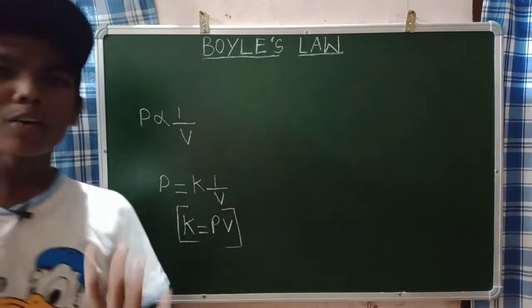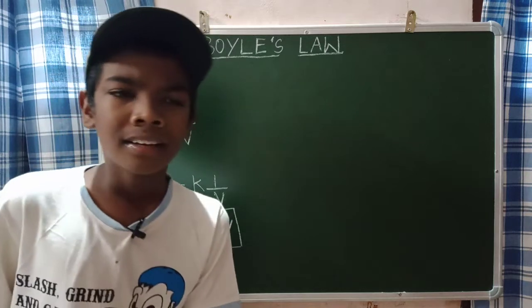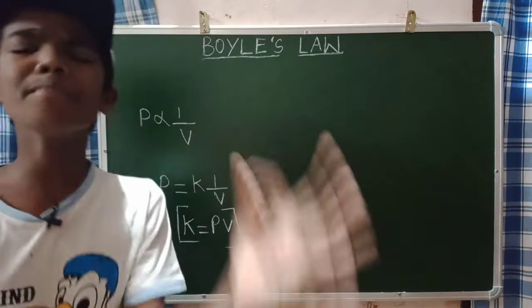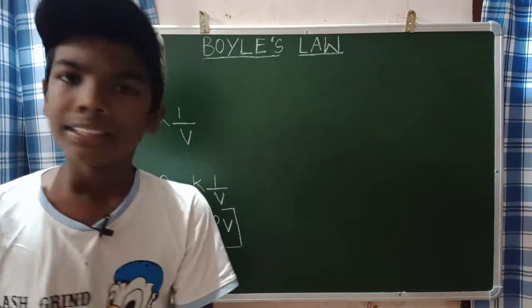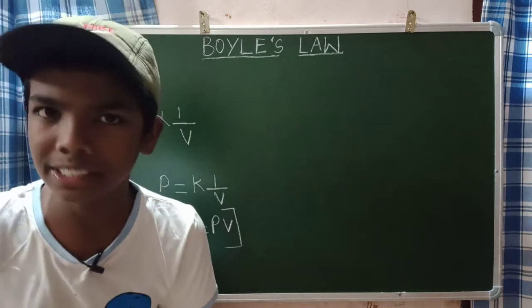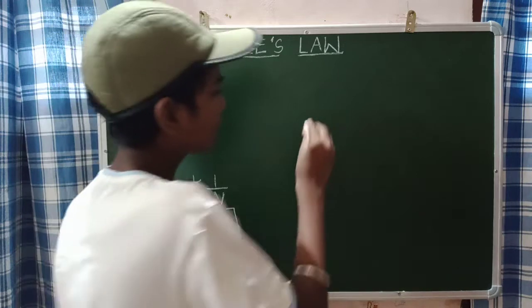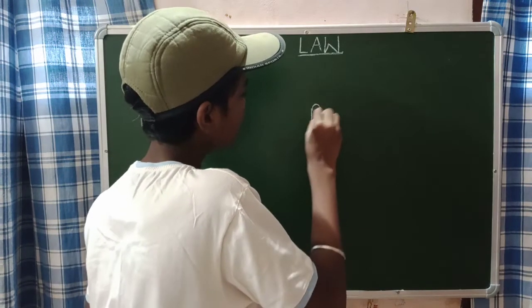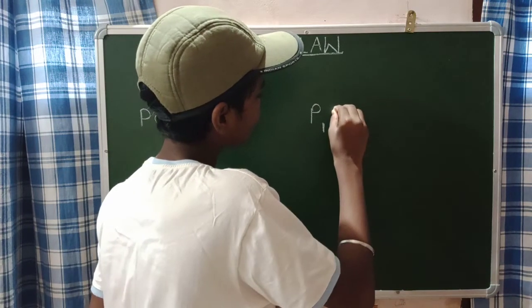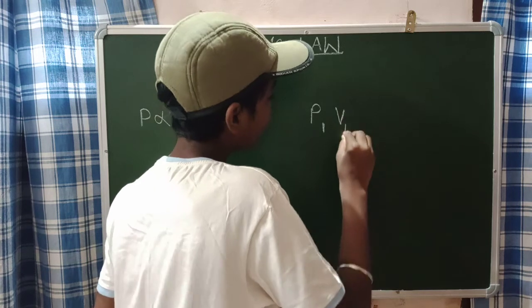So next I will give one example. Let me say there's an ideal gas such that the temperature is constant and it is a fixed amount of gas. Initially, the pressure of that gas is P1 and the volume of that gas is V1.